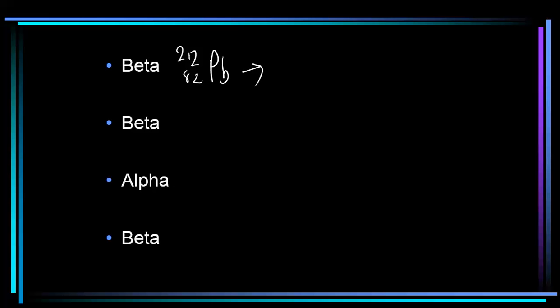Let's see. Jeffrey. Beta decay. 0, -1. All right, so 212, 81, and who is 83? Bismuth.